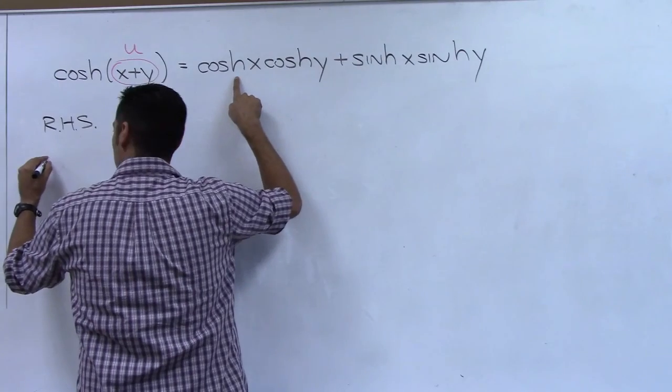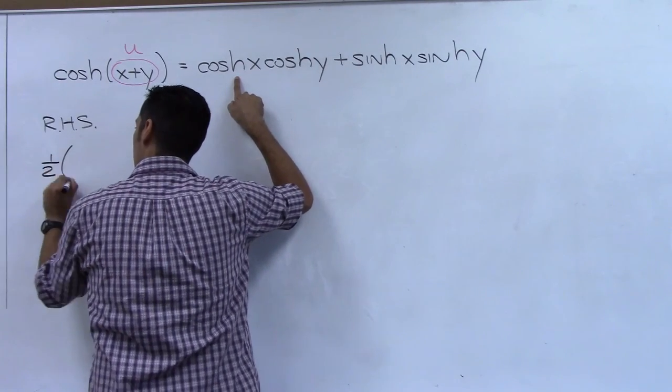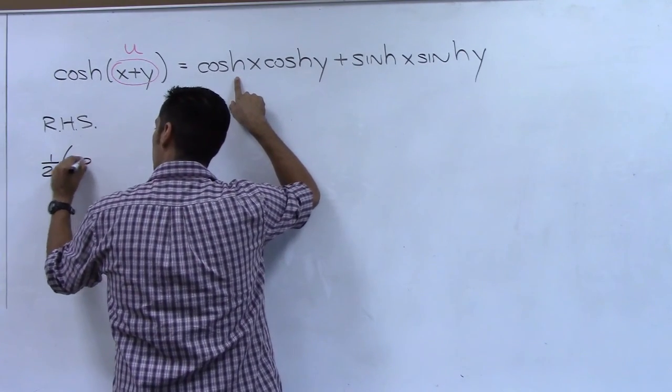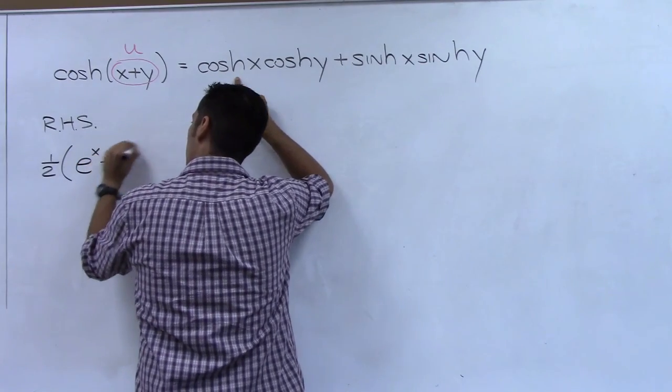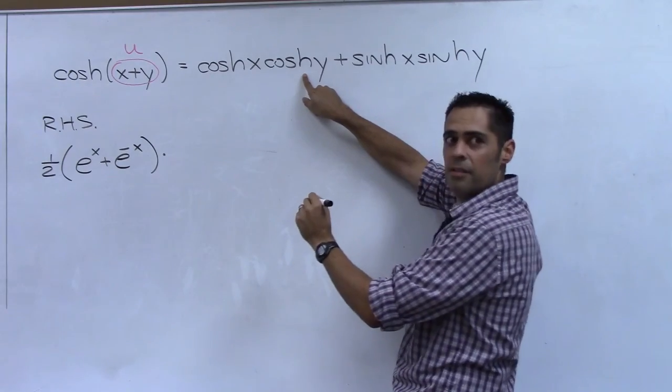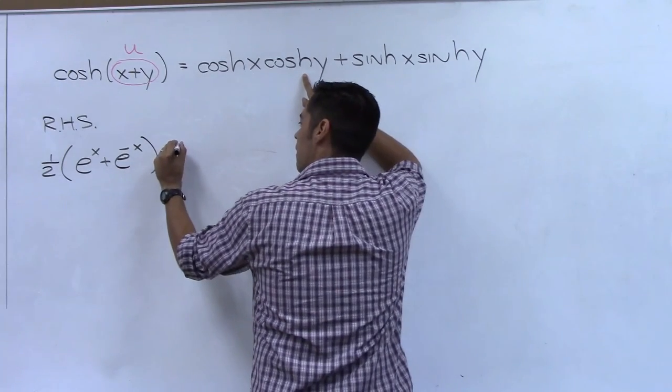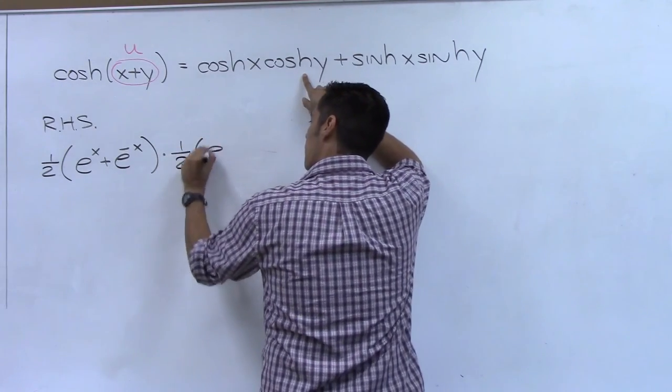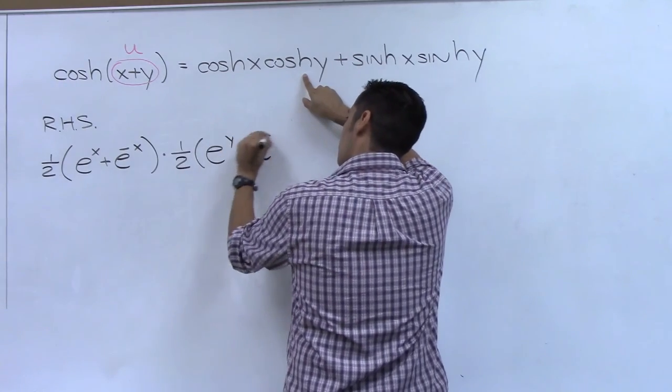So you got 1/2 times e to the x plus e to the negative x. You're multiplying that by 1/2 times e to the y plus e to the negative y.